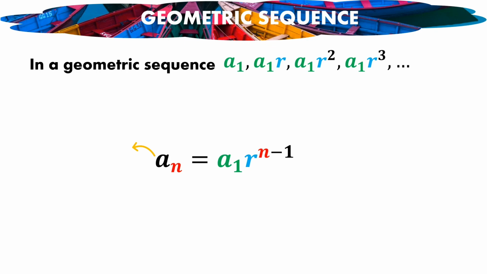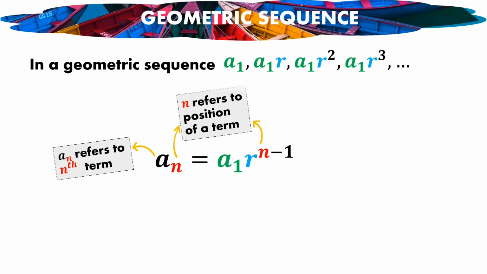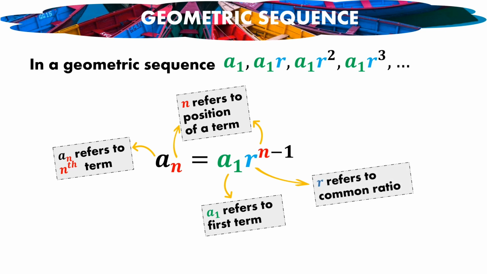You can use this formula or general rule if the first term is given. a sub n is the nth term. n, of course, refers to the position of a term. a sub 1 is the first term. r is the common ratio.